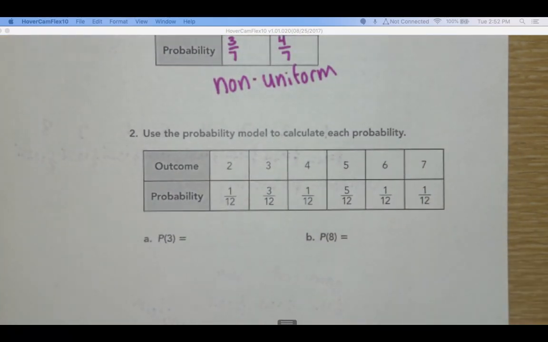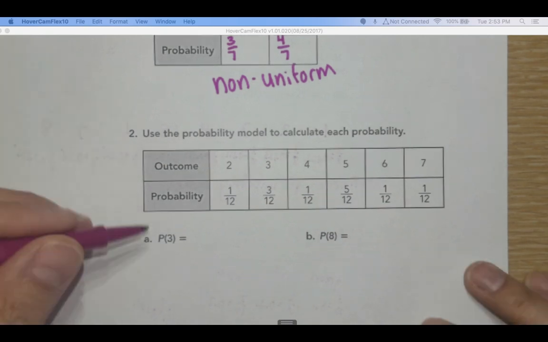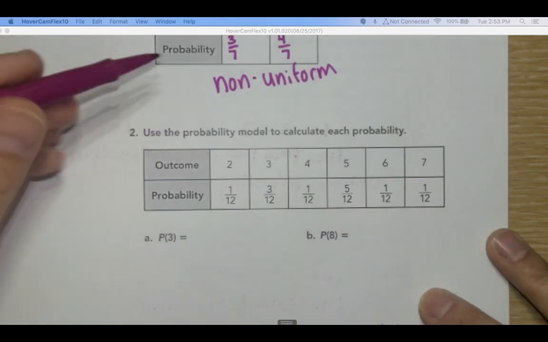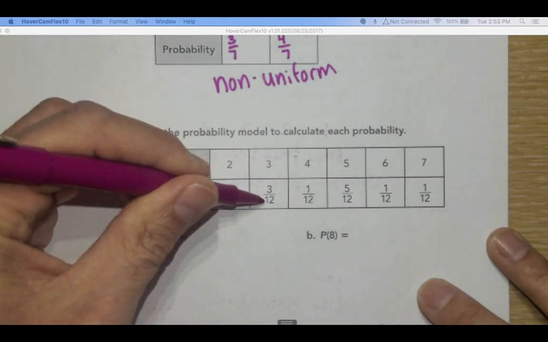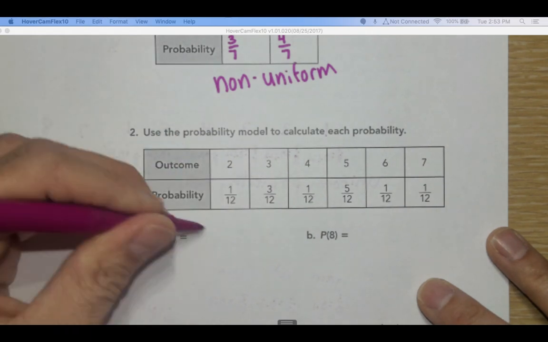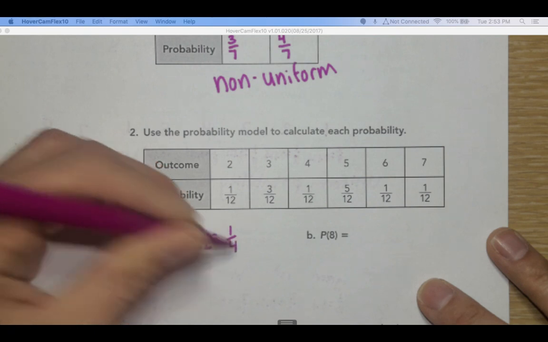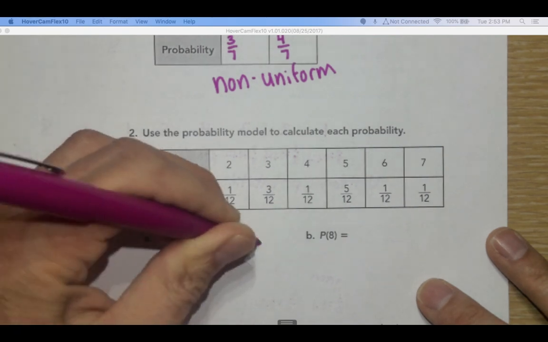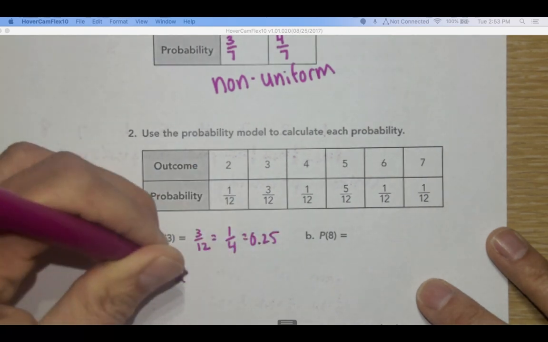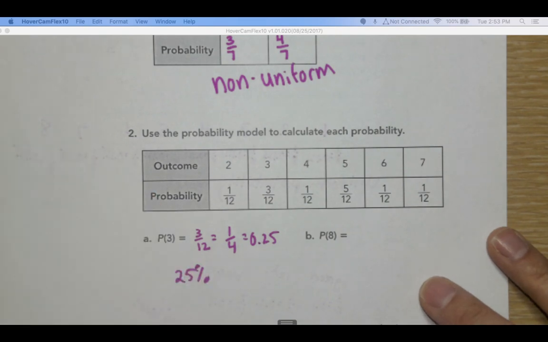Use the probability model to calculate each probability. So if I look here, the probability of a 3 would be 3/12, which is the same as 1/4, which is the same as 25 hundredths, which is the same as 25%.